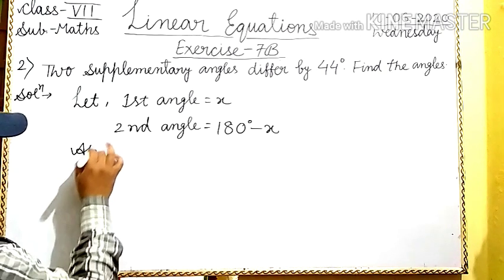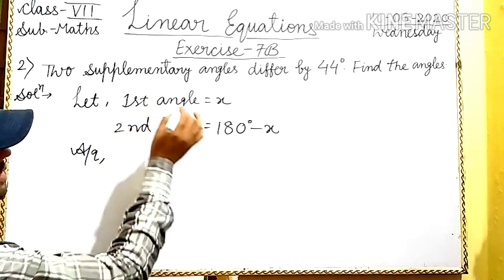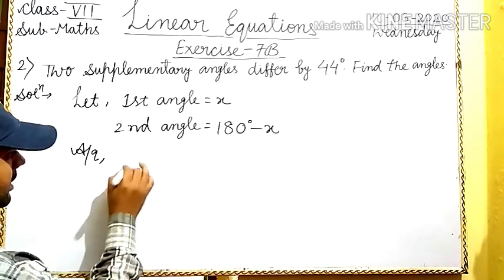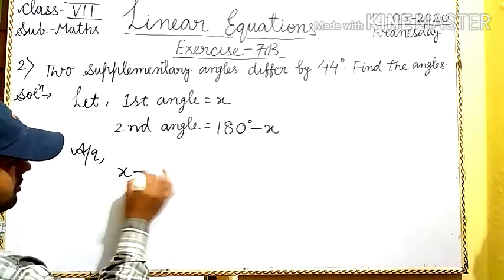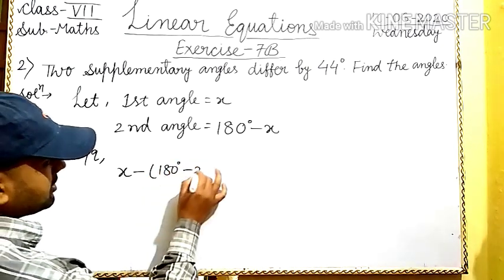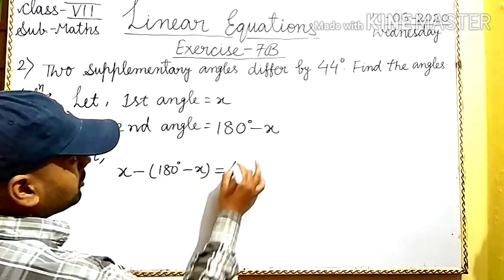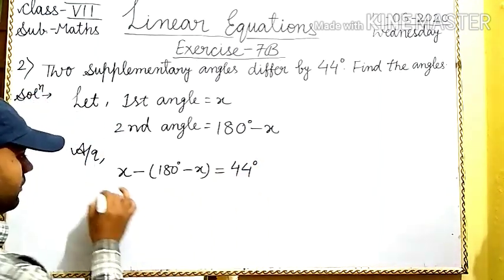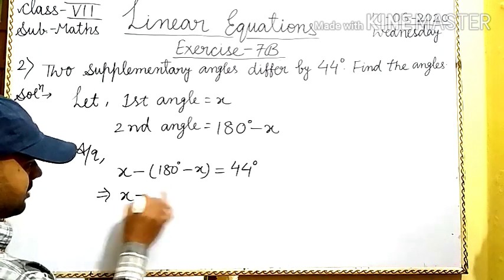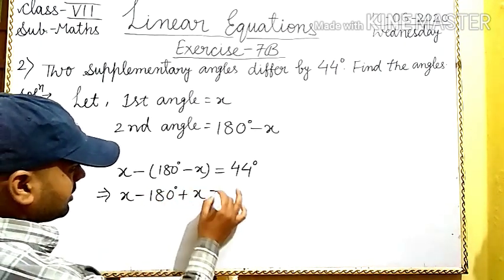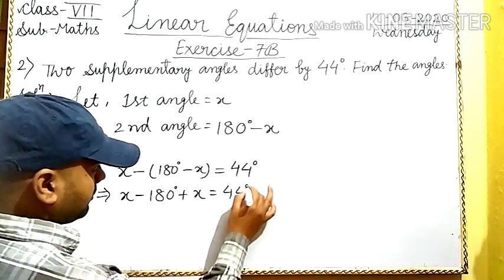According to the question, two supplementary angles differ, means difference. First angle X, the difference is the minus sign. Second angle is 180 minus X by 44 degrees. Right? Remove the bracket: x minus 180 degrees minus minus plus x is equal to 44 degrees.